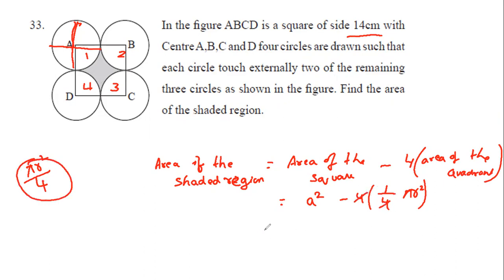So 4 gets cancelled. Area is side, 14 square, minus pi value 22 by 7 and radius. Here observe, this is 14 centimeter. Half of 14 is 7. So radius is 7 into 7. So 7 gets cancelled.